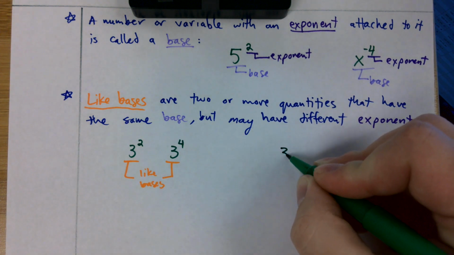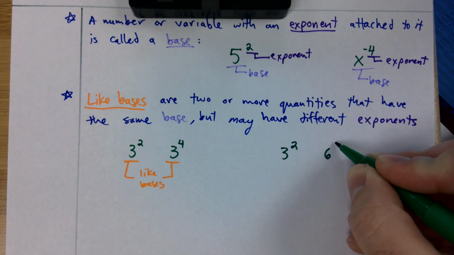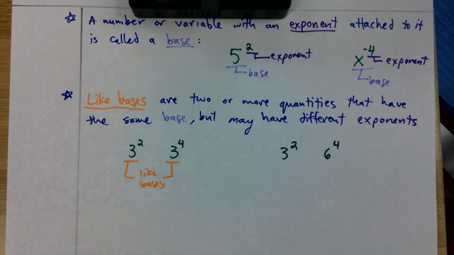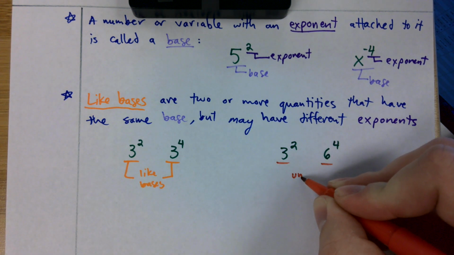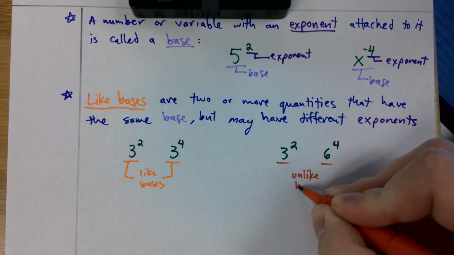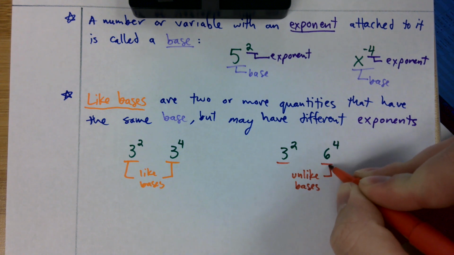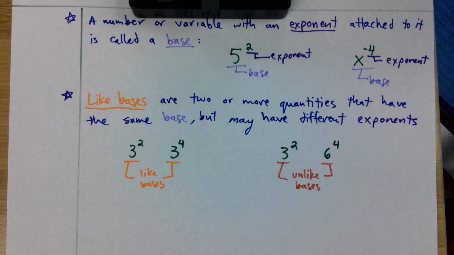Okay, if we had 3 squared and 6 to the 4th, those would be unlike bases. They're not the same.